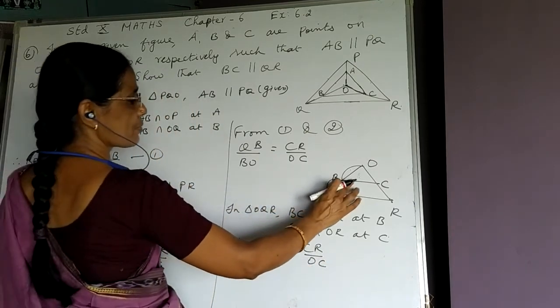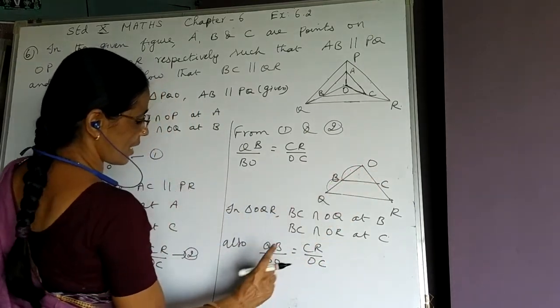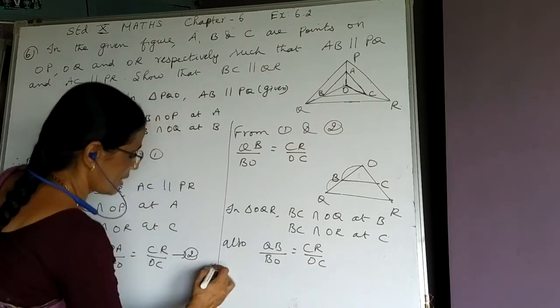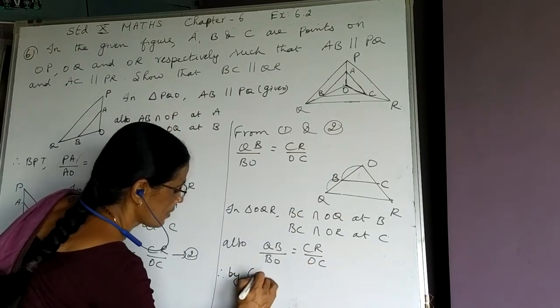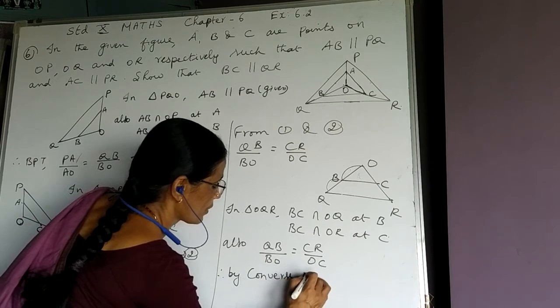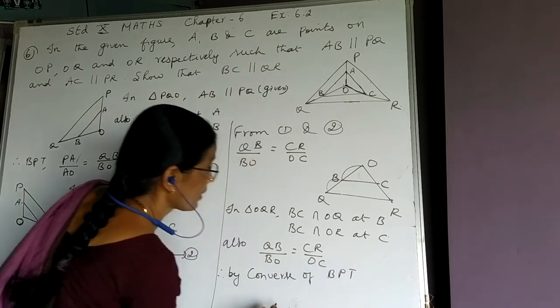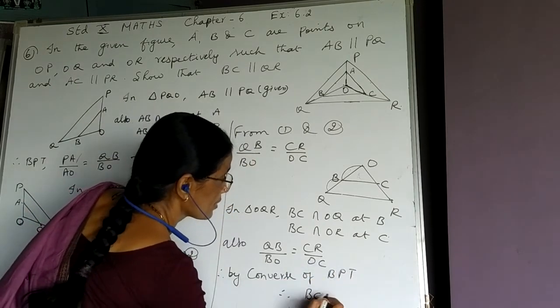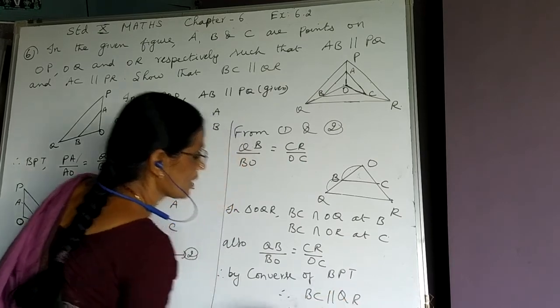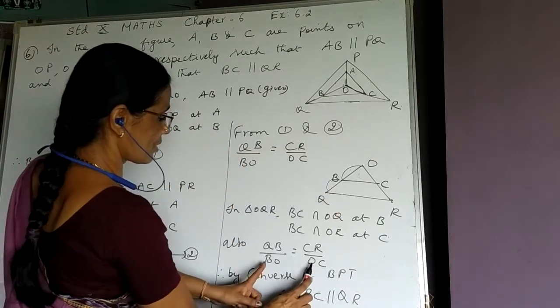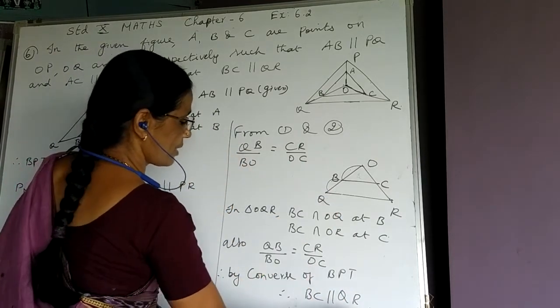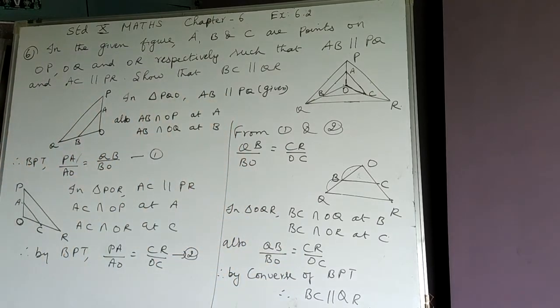So this line segment is intersecting two sides of the triangle with this ratio. Therefore, by converse of BPT, the lines should be parallel. Only if the lines are parallel, we will get these ratios equal. Therefore, we proved BC is parallel to QR.